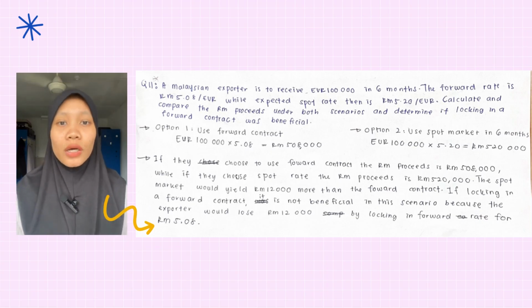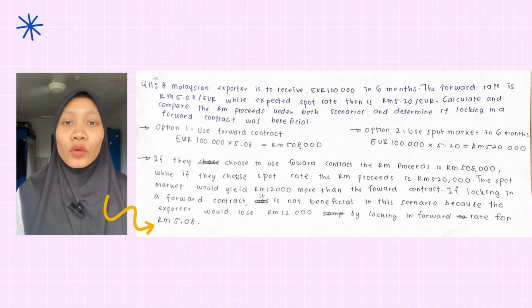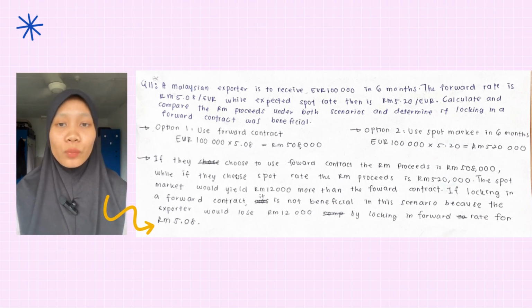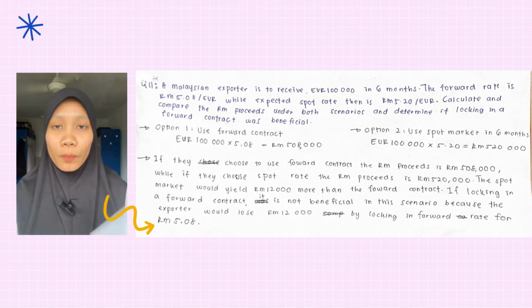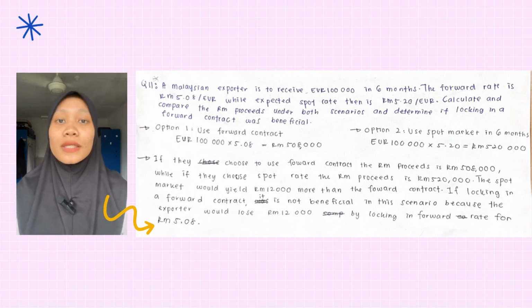But if they choose the spot rate, the RM proceeds is RM 520,000, which means the spot market would give RM 12,000 more than the forward contract. If locking in the forward contract, the exporter would lose RM 12,000 compared to waiting for the expected spot rate. So it is not beneficial to lock in the forward contract.